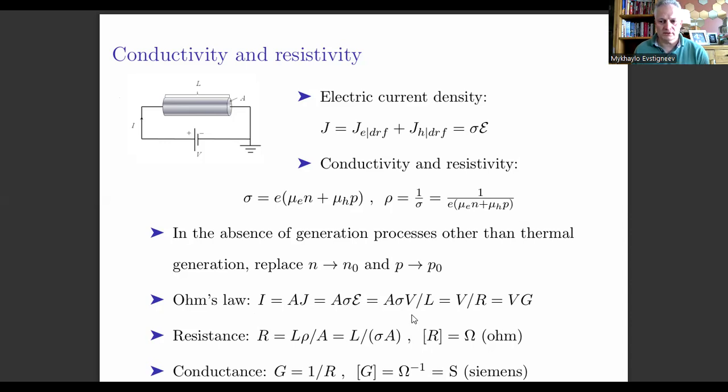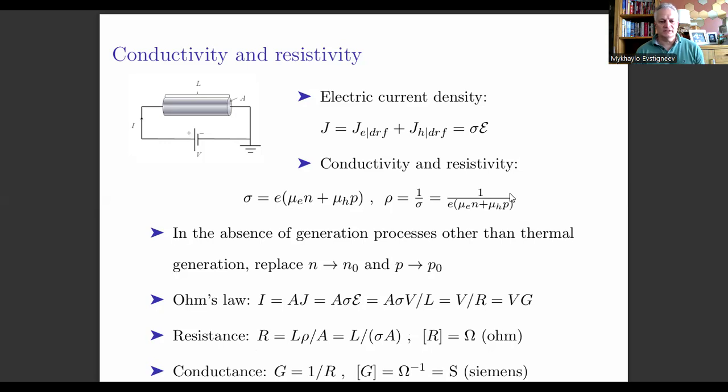This is the famous Ohm's law, which tells you that current through a conducting object is the ratio of voltage across the ends of the conductor to the resistance of the conductor, R. The resistance is resistivity times the length divided by the cross-sectional area, as follows from the simple formulas.